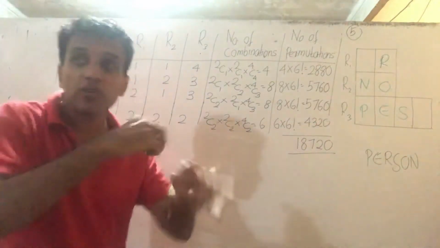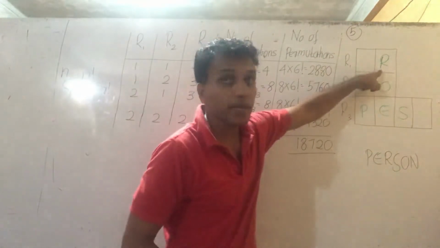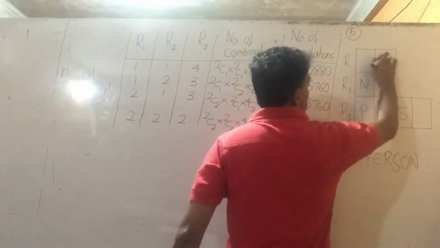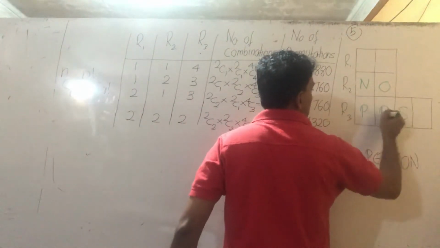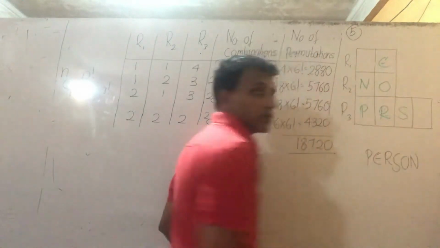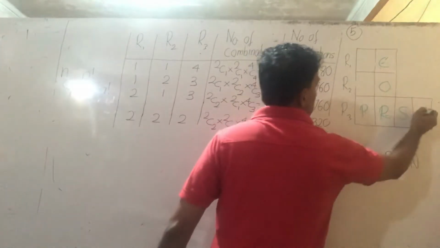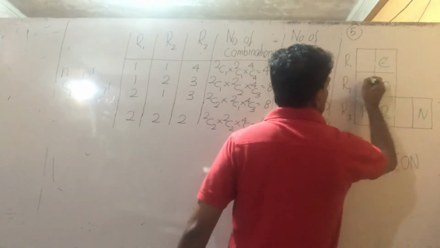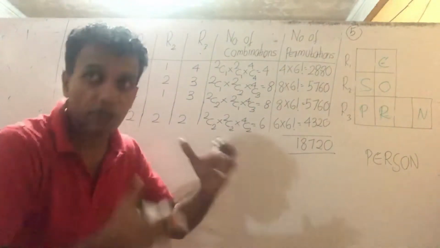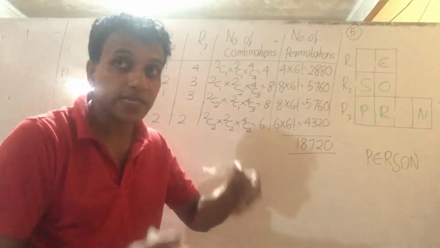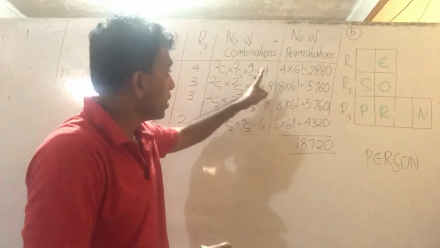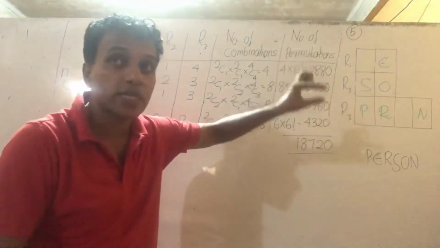Then they can shuffle each. That means I put R here, and now I erase the R and take E here. I am showing one example there. I put the N here and take this here. Possible, right? They can shuffle themselves. There are 6 letters, and they shuffle themselves. That's why 4 times factorial 6.